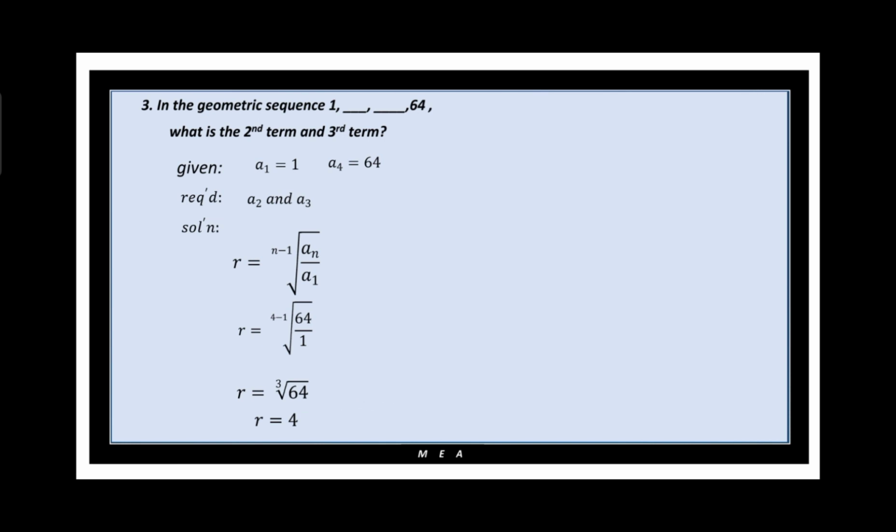Okay, so para mahanap natin yung A sub 2, di ba, we just have to multiply the first term by the common ratio. Since we know now that yung R natin ay 4, we have A sub 2 is equal to the first term na 1, times 4 will be equal to 4. So, ang A sub 2 natin dito is equal to 4.